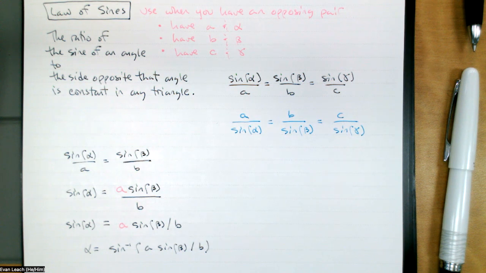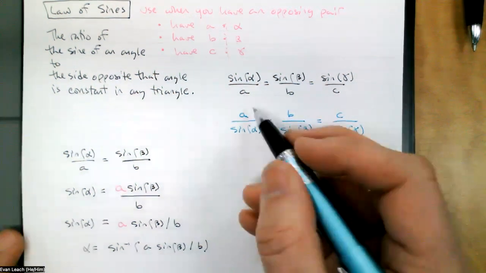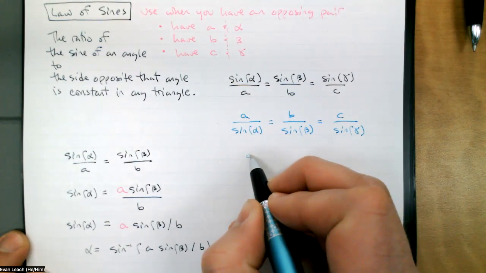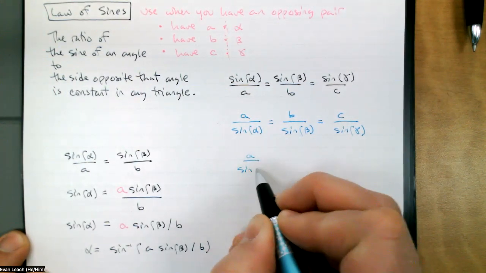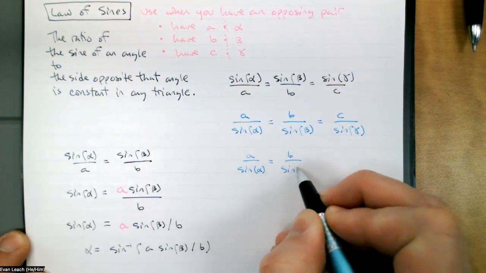If I wanted to use this to solve for a side, if I start with A on top, I have A over sine alpha is equal to B over sine beta.